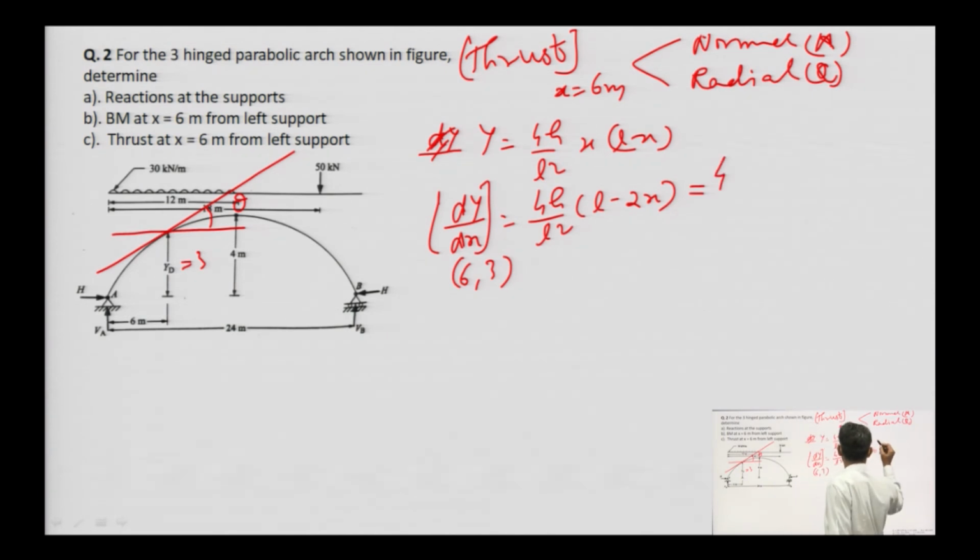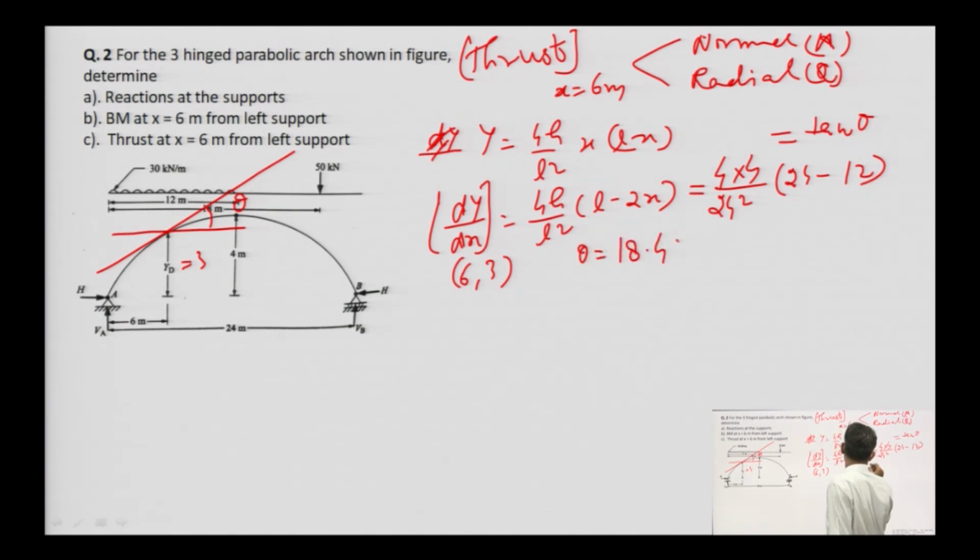So, 4h is 4, l is 24, so l square, and l minus 2x means 12, okay. And equate it to tan theta. So, the value of theta comes to be 18.43.